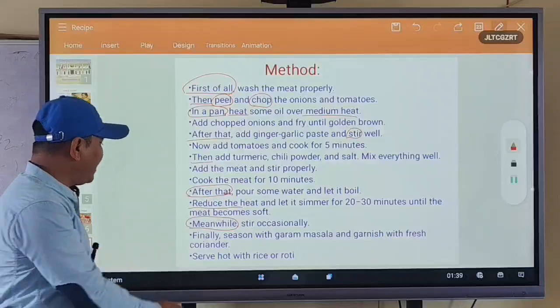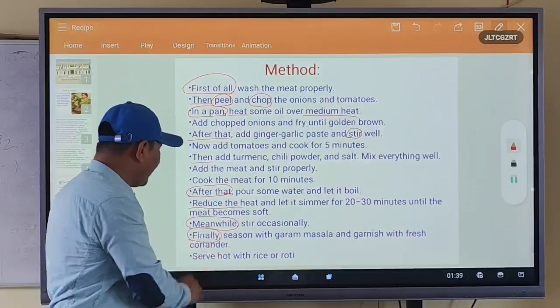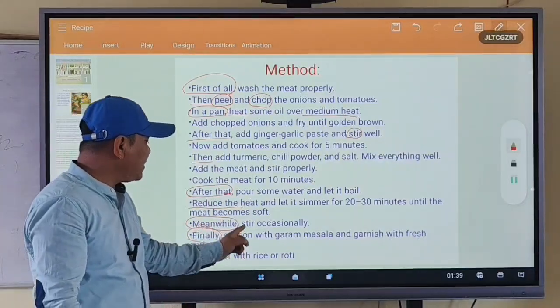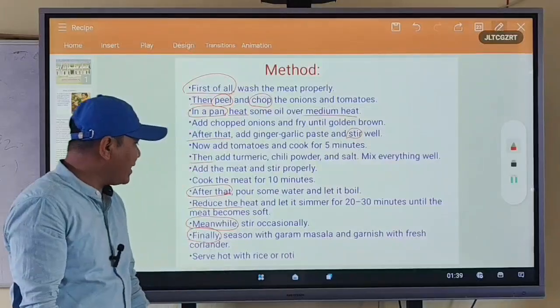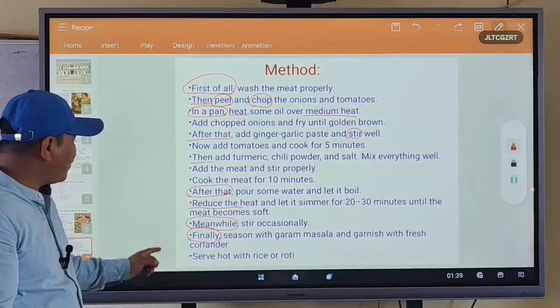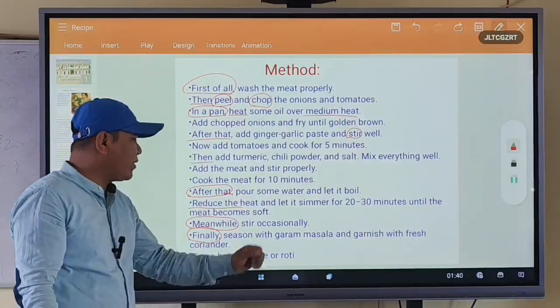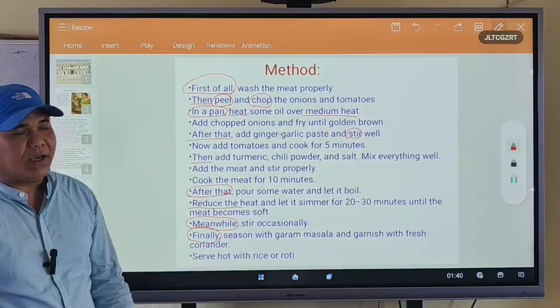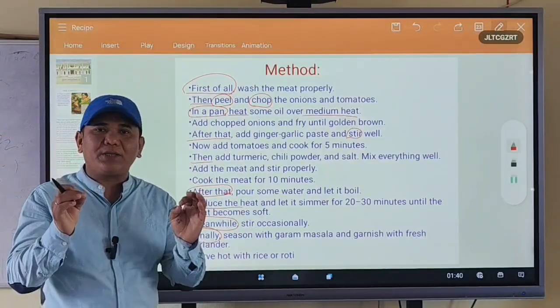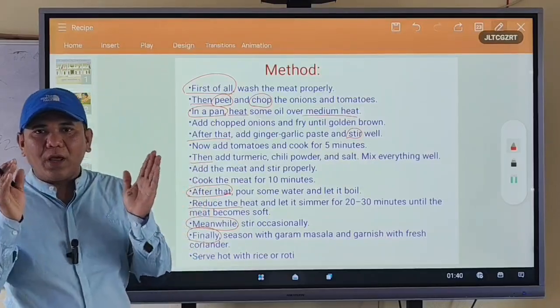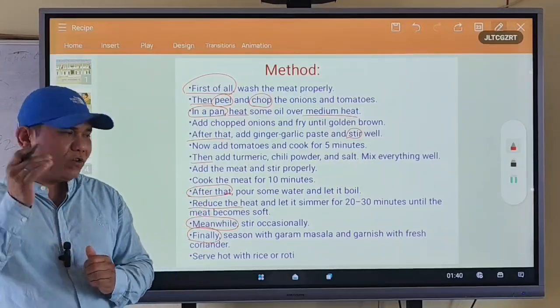Finally, this is a phrase, season with garam masala and garnish with fresh coriander. Finally, serve hot with rice or roti. In this way you can write a recipe in a proper and organized way. Thank you very much.